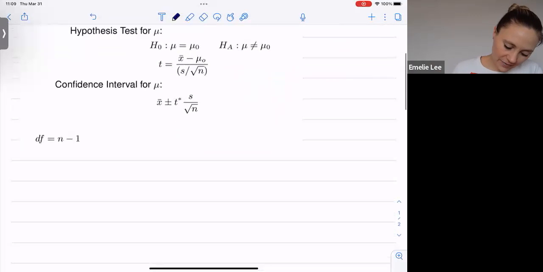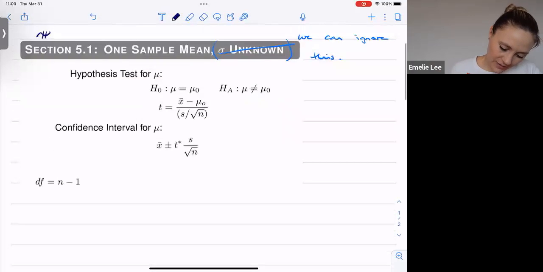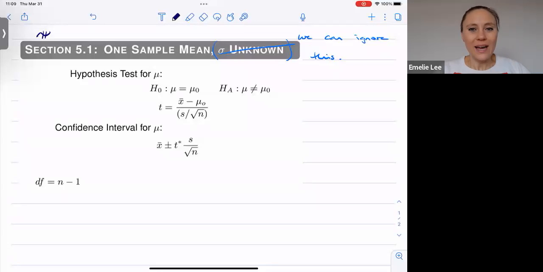But what we have for our hypothesis tests, and I'm kind of glossing over the conditions because what we said was as long as we have a large enough sample size, or if we can assume that the population that we're drawing from, even if we have a small sample size, came from an approximately normal distribution, we can go ahead and apply the t-test.